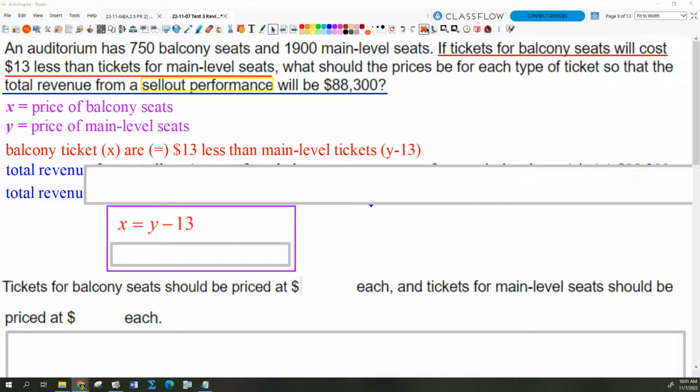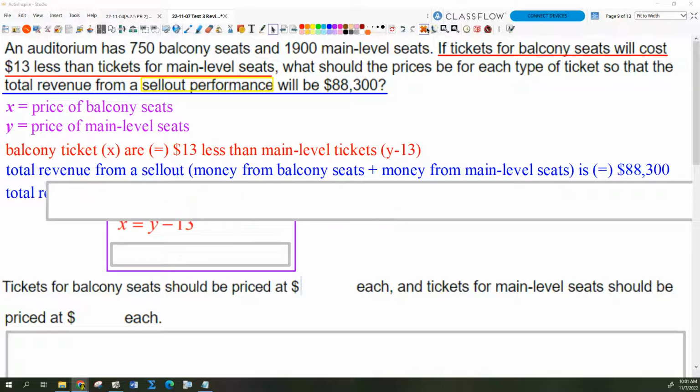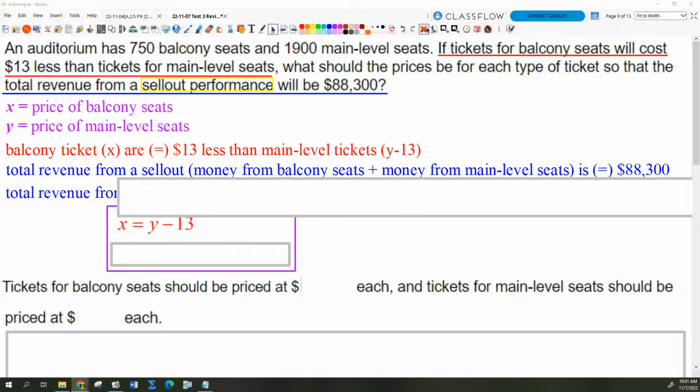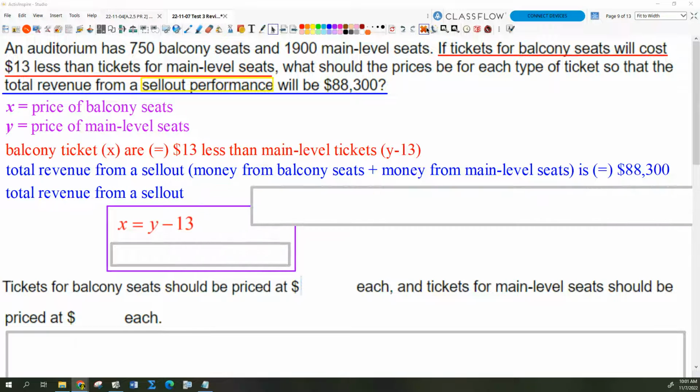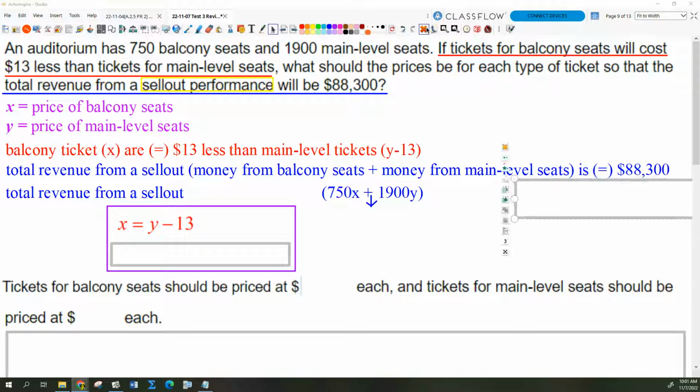Okay, good. So the total revenue from a sellout is going to be the money from the balcony seats plus the money from the main level seats equals 88,300. Okay, so then does it make sense that the money from the balcony seats is going to be 750X?